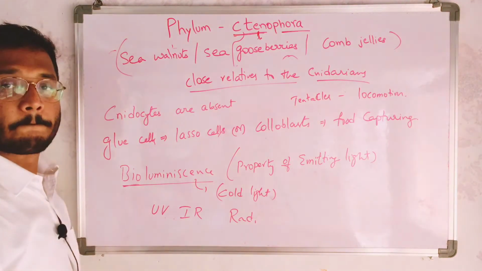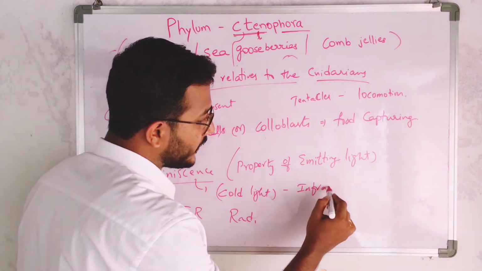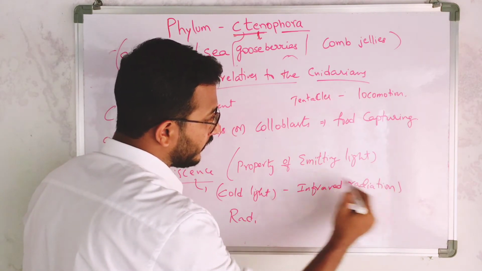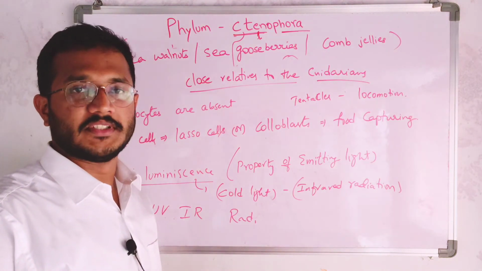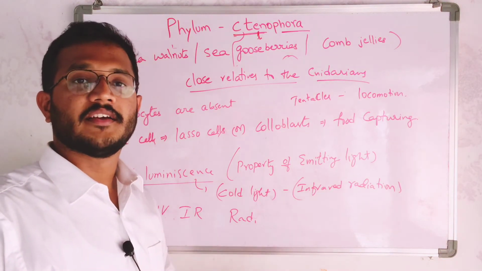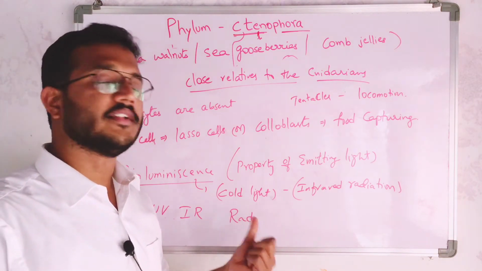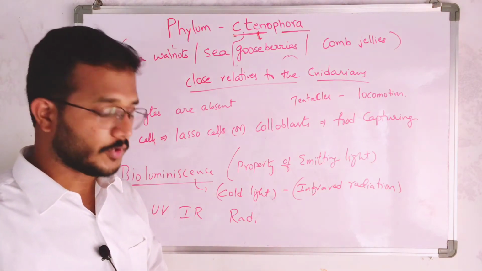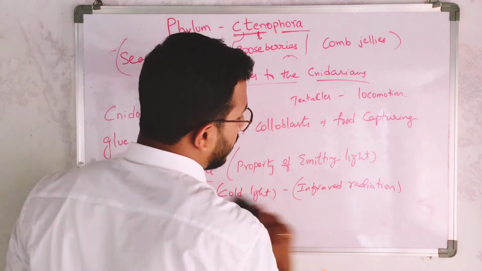But in cold light, the infrared radiation is absent in the spectrum of the light coming from the animals. Due to the absence of infrared rays, the light does not cause any increase in temperature. That's why bioluminescent light is also called cold light. So this is one of the most important points.